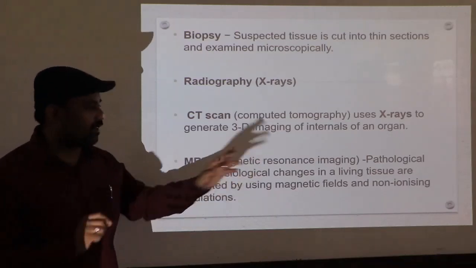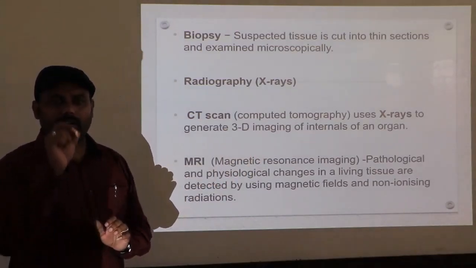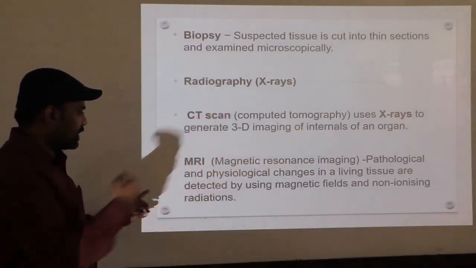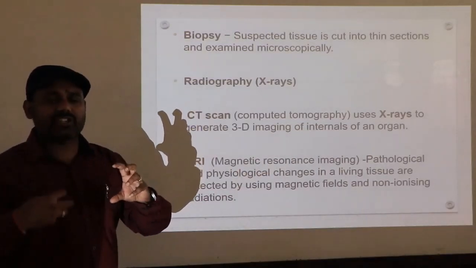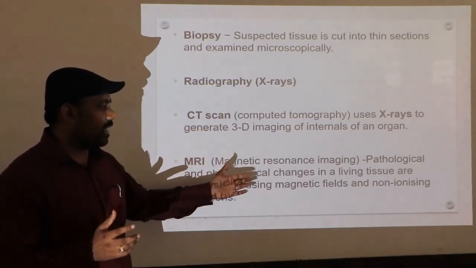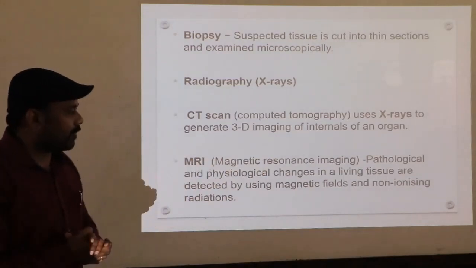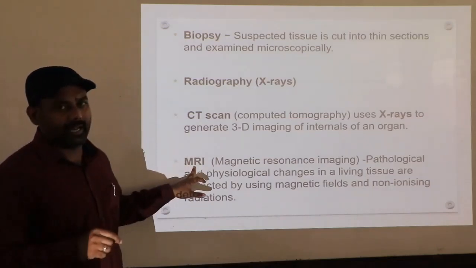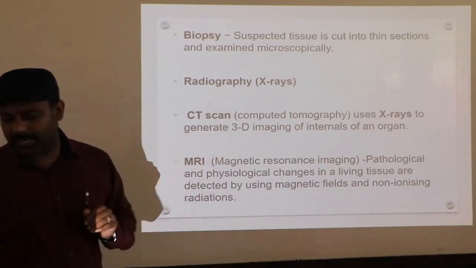So any changes, whether pathological or physiological, in the body or in the living tissue are detected by using magnetic fields and non-ionizing radiations emitted from the MRI, that is magnetic resonance imaging. Clear my point? So these are some diagnostic methods.